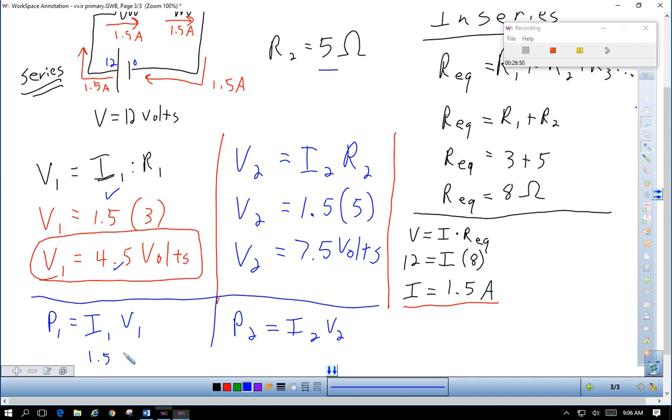So 1.5 times 4.5, how much is that? 6.75? All right, and so when you do the math there, you'll get that P1 is equal to 6.75 watts. That's right, watts. 6.75 watts. All right, and then you can do the same thing for P2. So I'll leave you to finish out that problem.